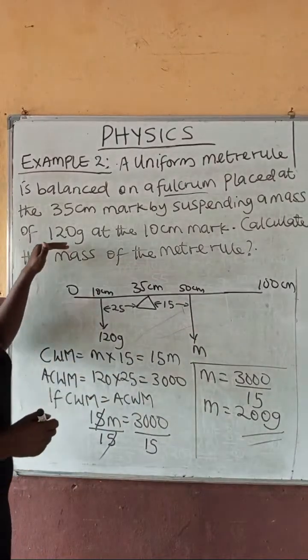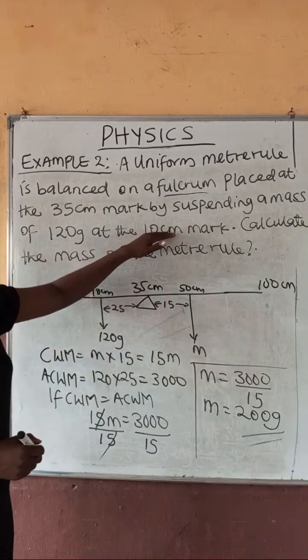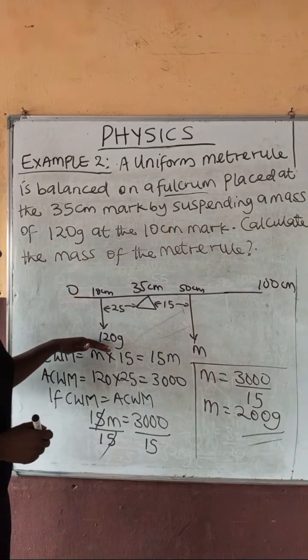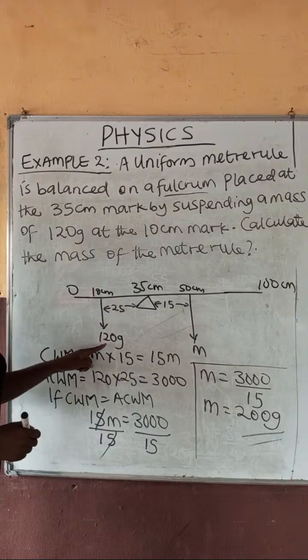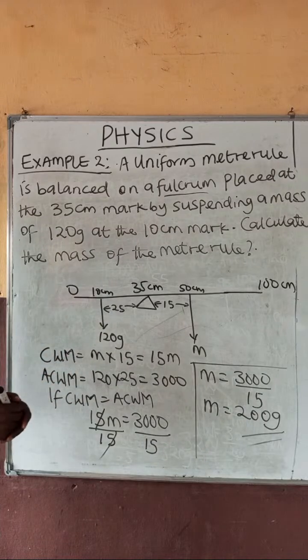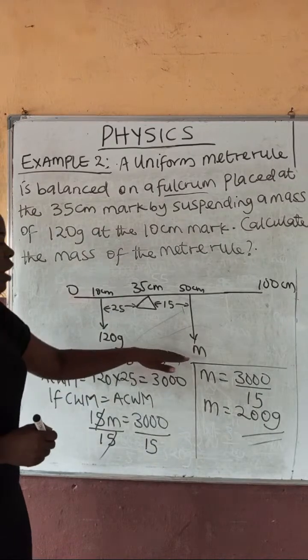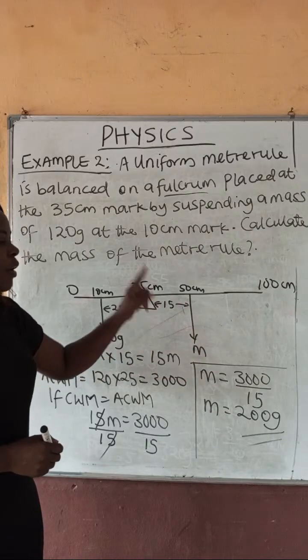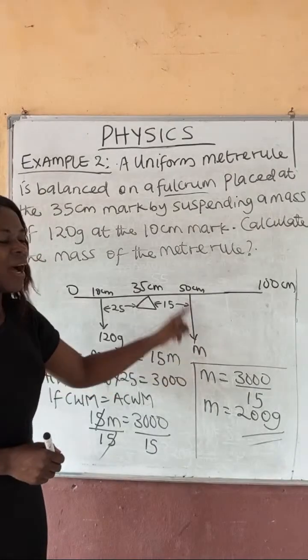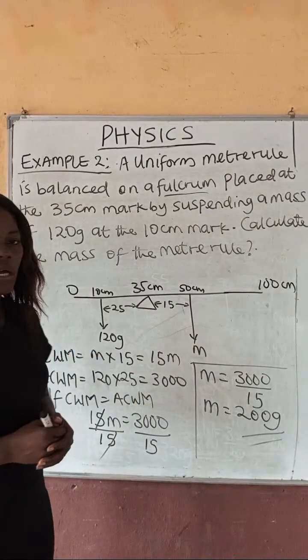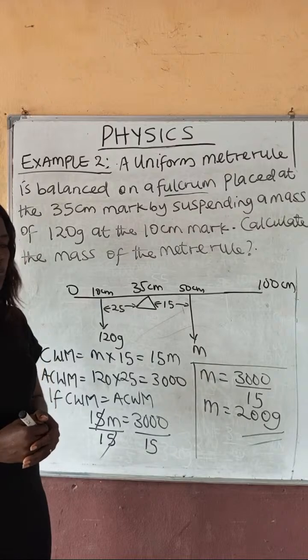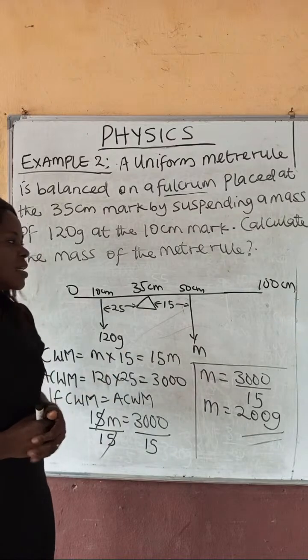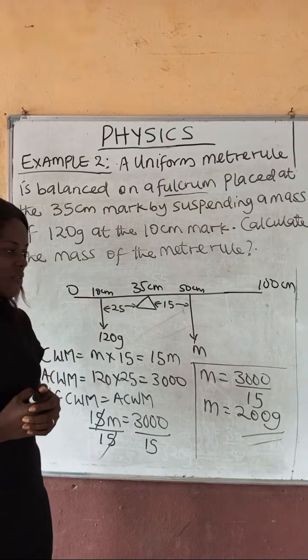Now, when the mass of 120 is hung at the 10 cm mark, we now have the mass of 120. Calculate the mass of the meter rule. How do you calculate it? You are going to place the mass of the meter rule at the center of gravity of that meter rule, which is what? 50. The center of gravity of a meter rule is 50.